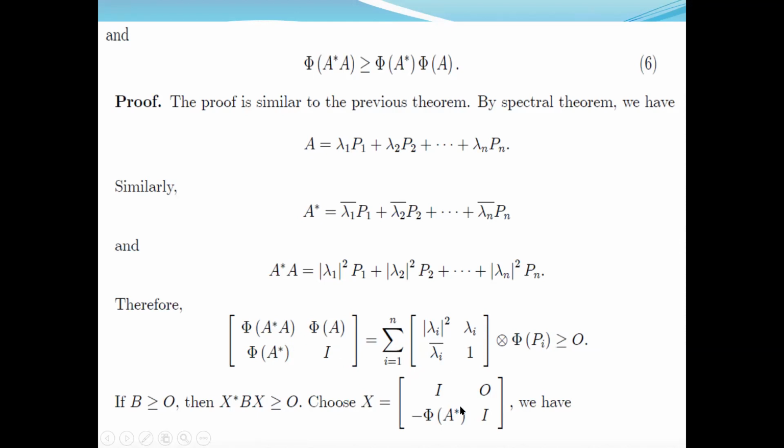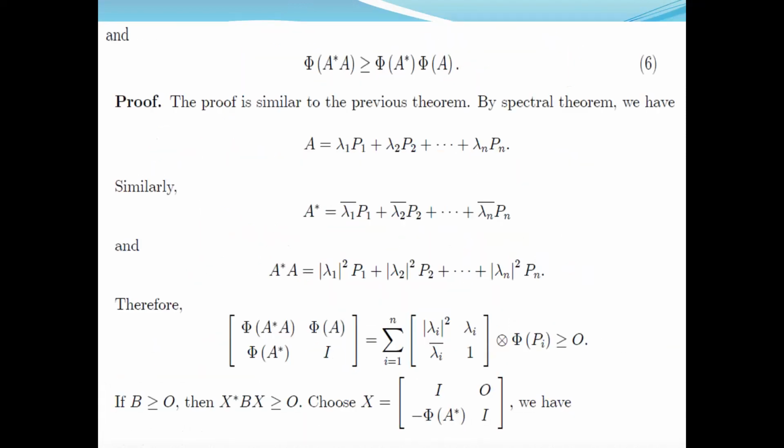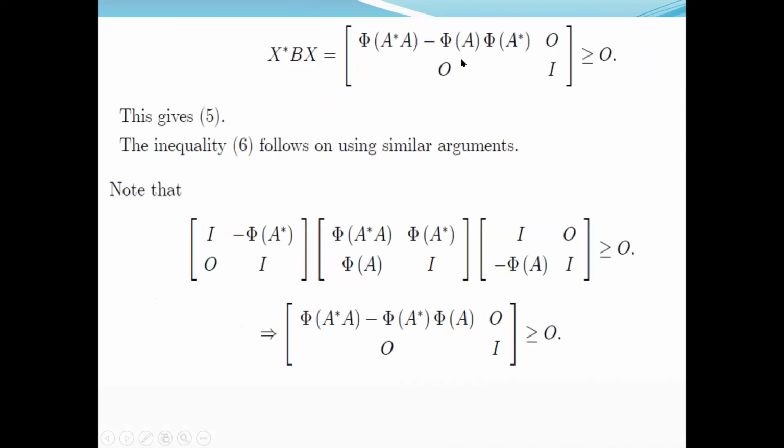Again, choose X to be this matrix and use this fact: if B is positive semi-definite, then X star B X is also positive semi-definite. We calculate that this matrix comes out to be positive semi-definite. This gives the first inequality. The next inequality follows using similar arguments.